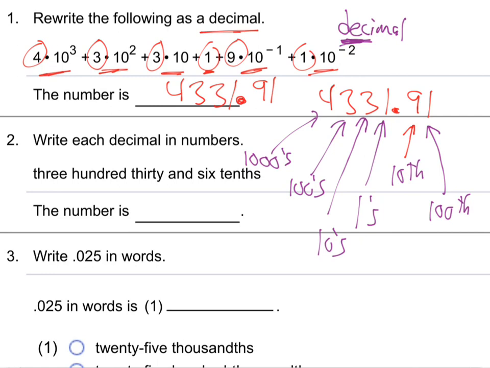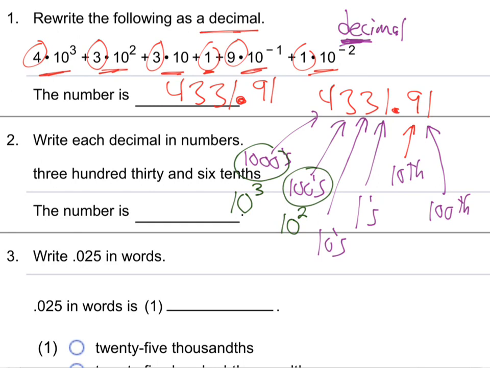So another way you can write these numbers: another way you can write 100 is 10 to what power? Second power, right? 10 times 10 is 100, 10 squared. And another way you can write 1,000 is 10 to what power?